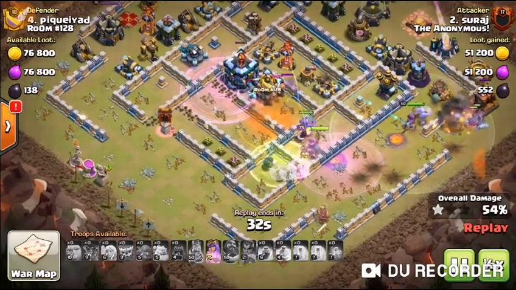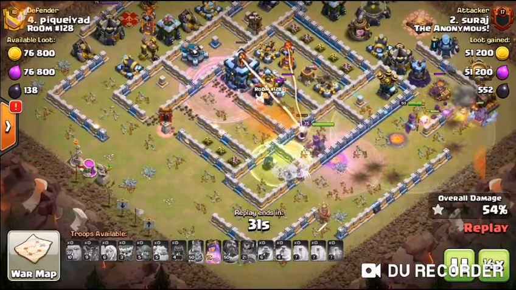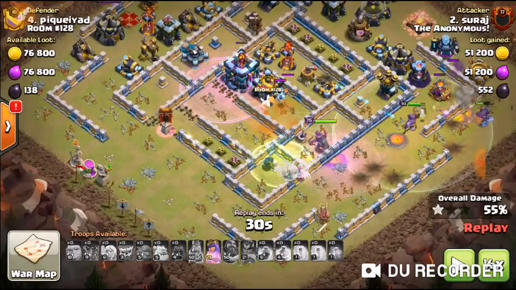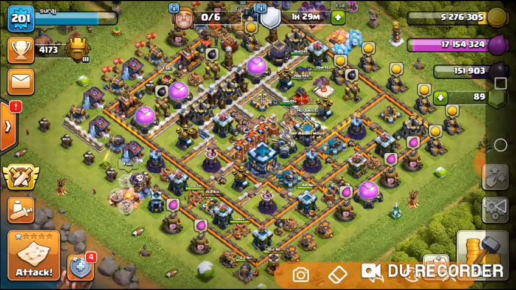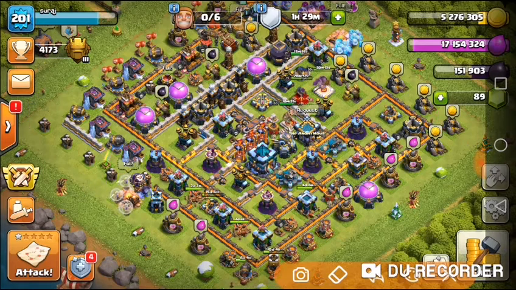Okay, so let me conclude, guys, what we have learned and how we can deploy the rage spell. First and foremost, the rage spell is used when a group of buildings is there.